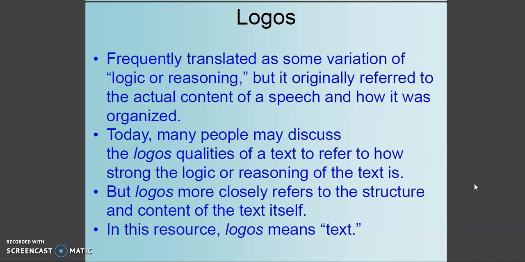Or what argument or thesis is this book focusing on? Today, many people may discuss the logos qualities of a text to refer to how strong the logic or reasoning of the text is. Logos more closely refers to the structure and content of the text itself. In this case, logos means text.